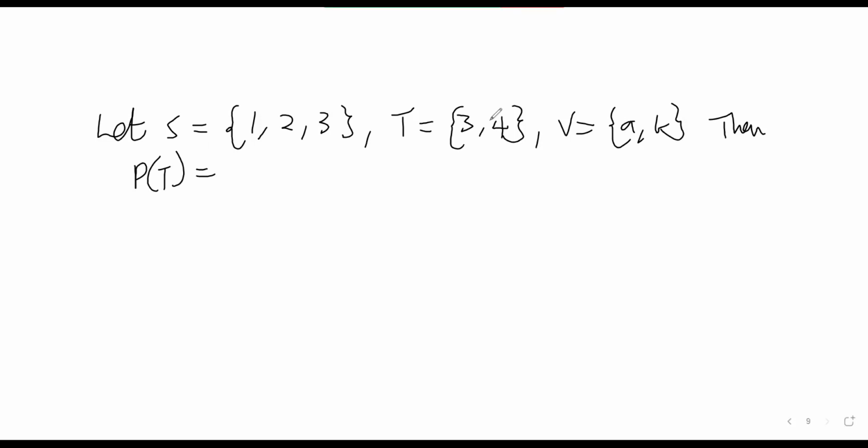The power set of T is all subsets of T. All subsets of T include the empty set. The empty set is always a subset of a set. Then {3}, then {4}, then {3, 4}, which is the universal set.